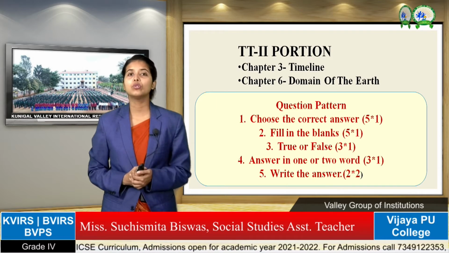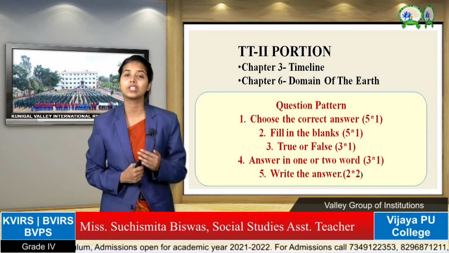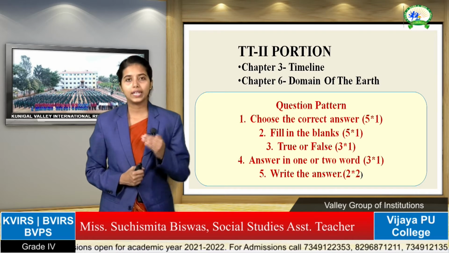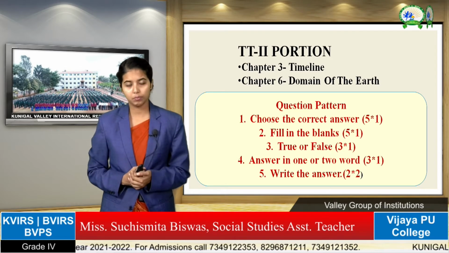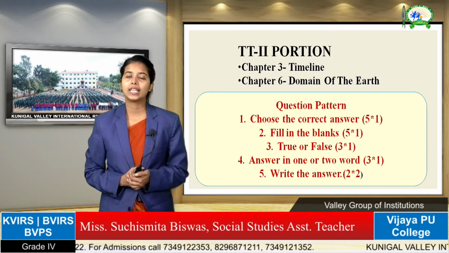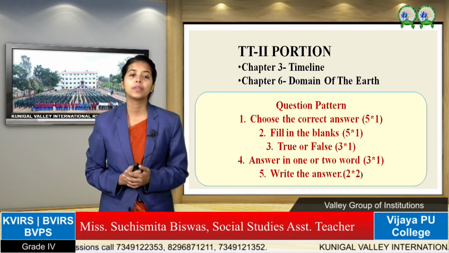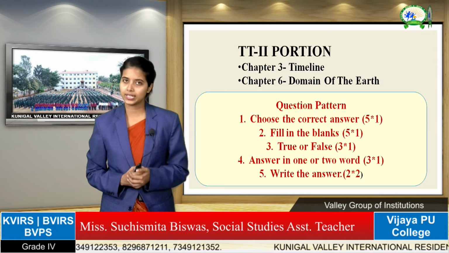Before that you have to know about the question paper or question pattern. In this term test 2 you have 5 mains. For the first main, it is choose the correct answer.